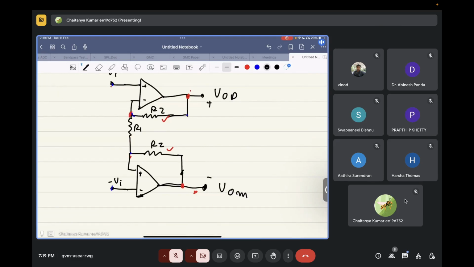Now what can be done over here is that this particular resistor can be written like this, right? R1 by 2 and R1 by 2, correct? Is it clear?